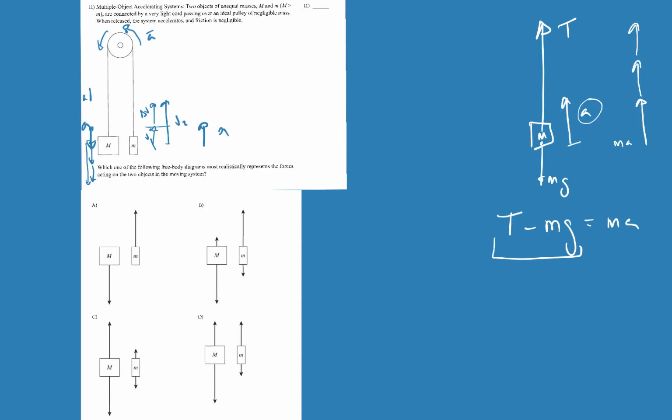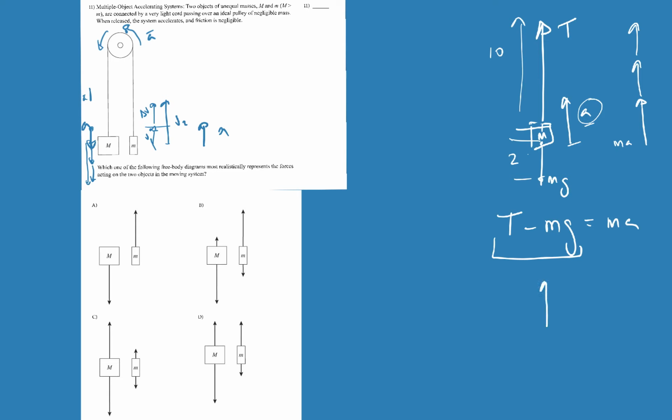So the acceleration is here, and T minus mg will be something. Let's say the tension is 10 and the weight is 2 newtons. So I have acceleration upwards, and I will have 8 newtons going up.